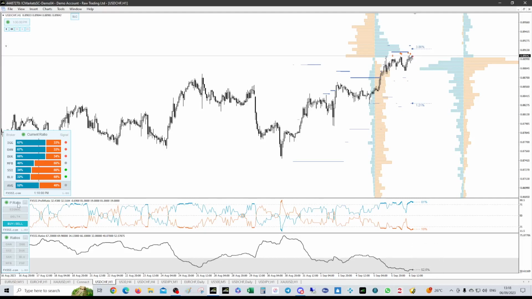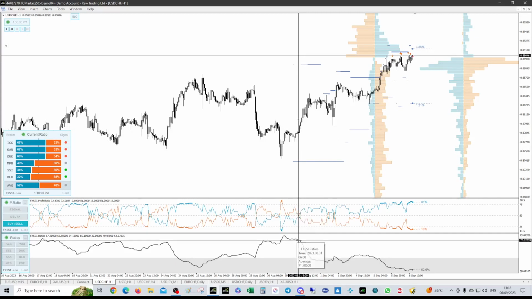Now the profit ratio comes into play because it tells us the interchange of the smart retail traders, and they had actually gone, we're looking at blue for buys, and then we had an interchange here. So the smart retail traders went long here as the dumb retail traders sold.